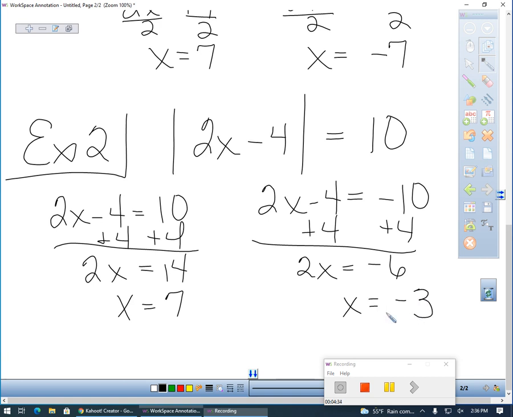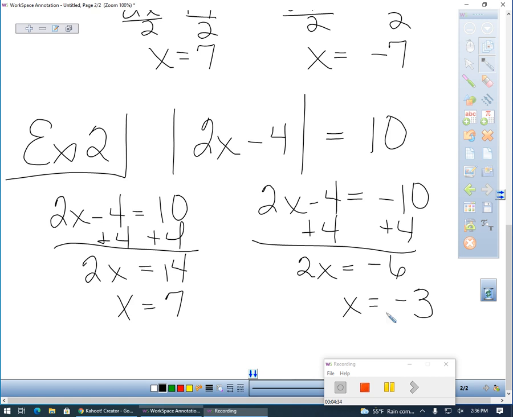Okay. So a couple things I want to point out. You are going to need to test it all the time. Right? All the time. The reason being is you're going to come across a few today. They're what we call extraneous solutions. So what we do first is we plug 7 in here. 2 times 7 is 14, minus 4 is 10.